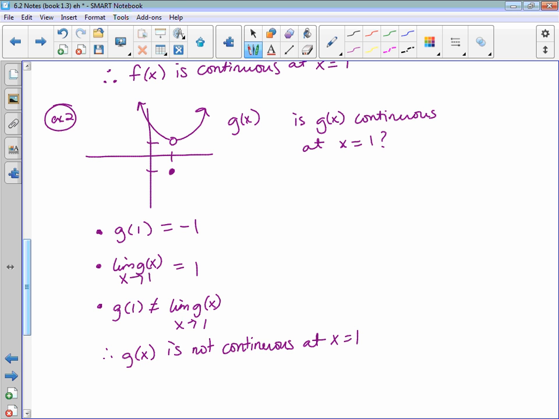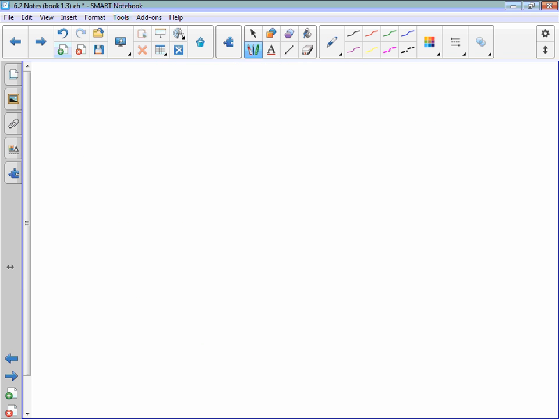Do you guys want just a couple of picking up a limit from the graph practice? Okay, so let's just draw through. Let's do.